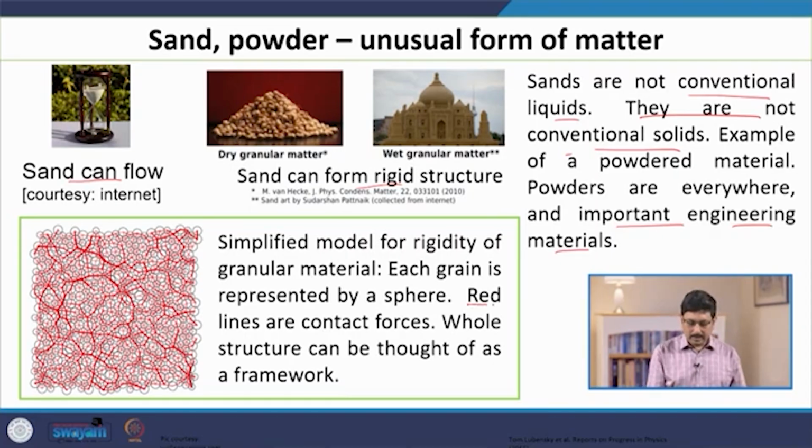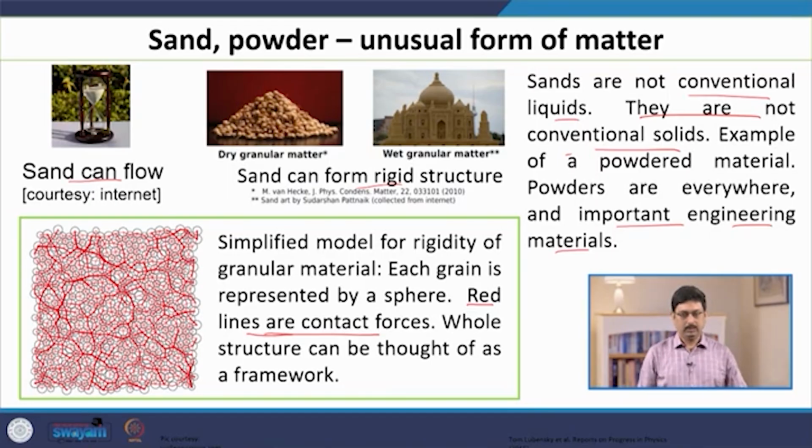The red lines are, when two discs are in contact, they form a contact force. These red lines represent the contact force, and the thicker the line, the bigger is the magnitude of this force, and the direction of the force is assumed to be along the line joining the centers of the two discs.